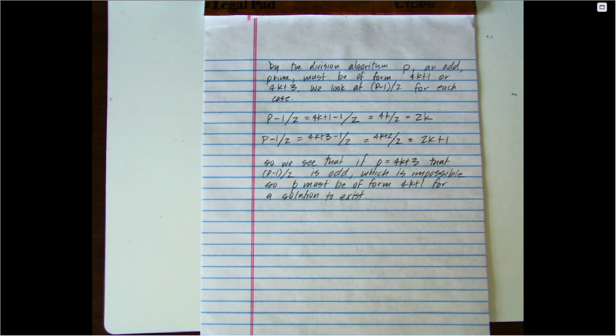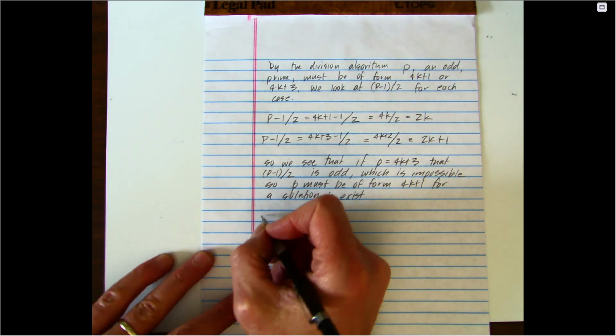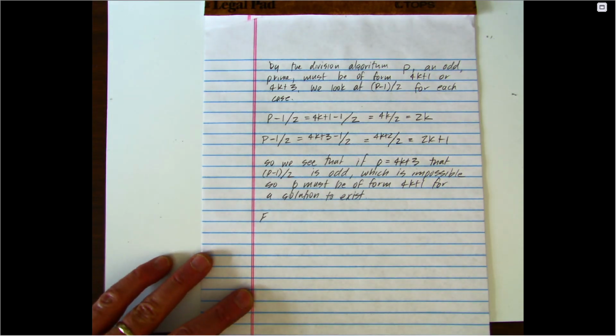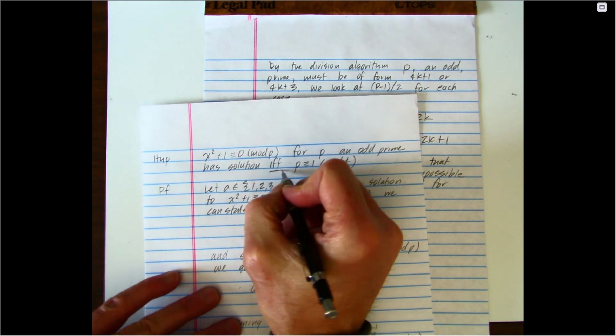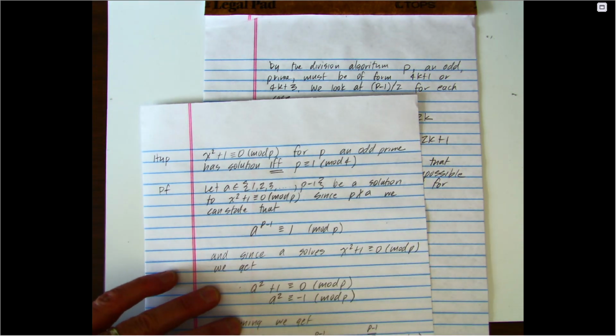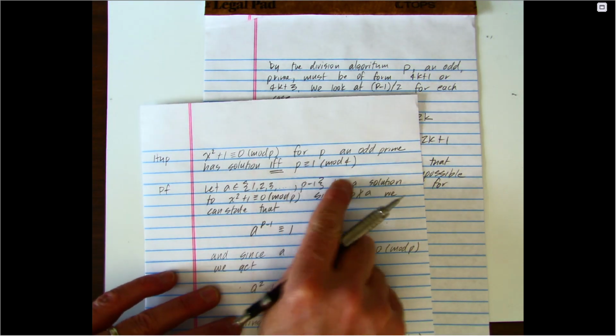Let's go ahead and take a look at the reverse direction. So for the converse, remember we have to do the reverse direction because this is an if and only if, right? This is not only a necessary but a sufficient condition, right?